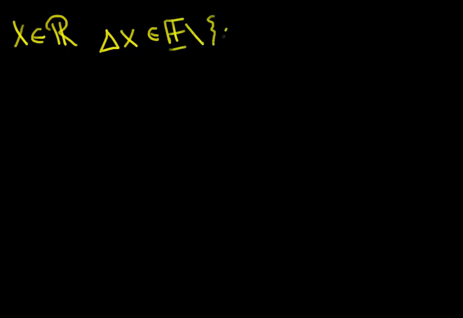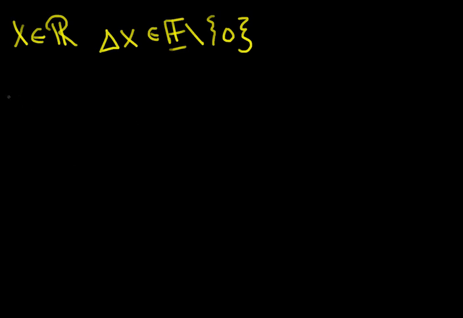Let's say x is a real number. So it's some arbitrary real number, and delta x is an infinitesimal, not 0, however. So it would be some infinitesimal other than 0.